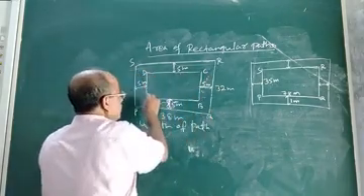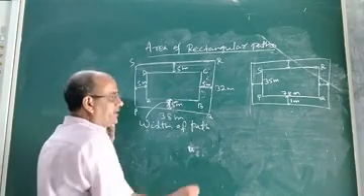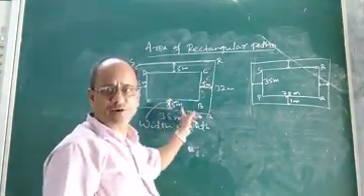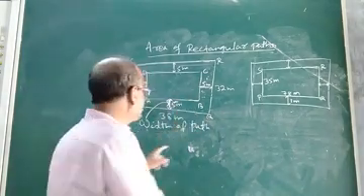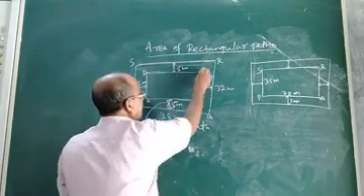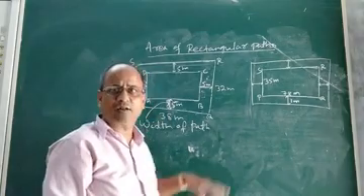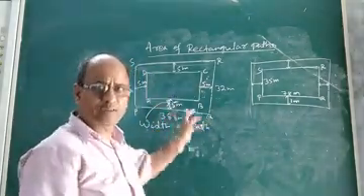That means you got another rectangle, another boundary, A, B, C, D. Definitely you will get another rectangular boundary, namely ABCD, inside the rectangular park PQRS.